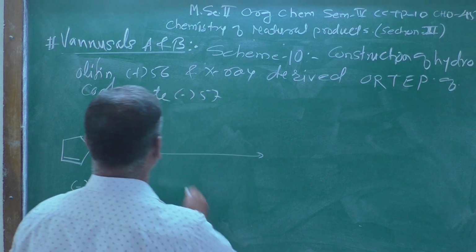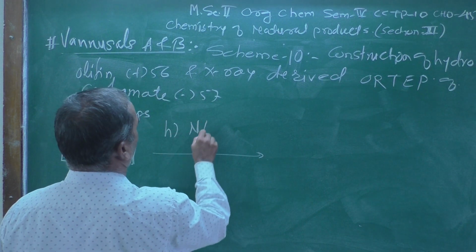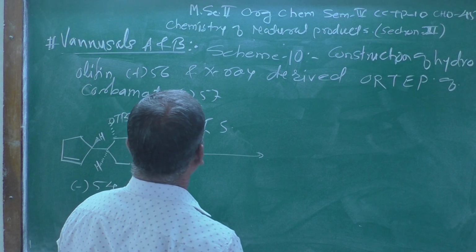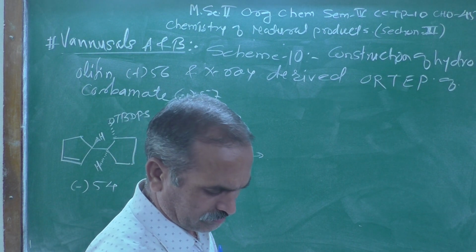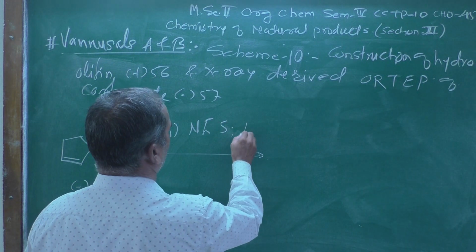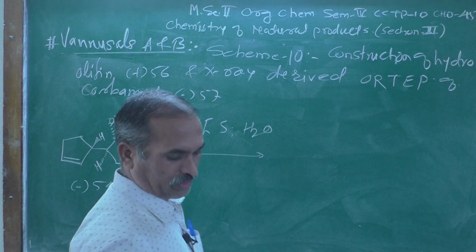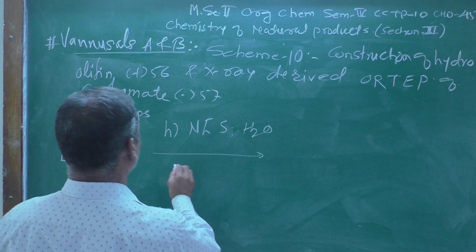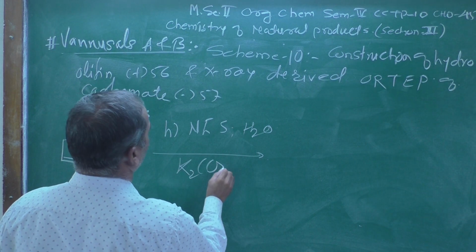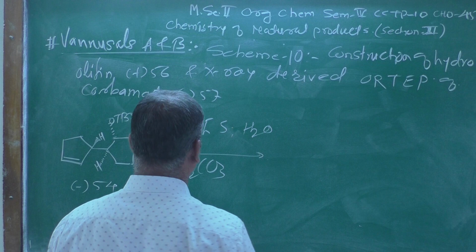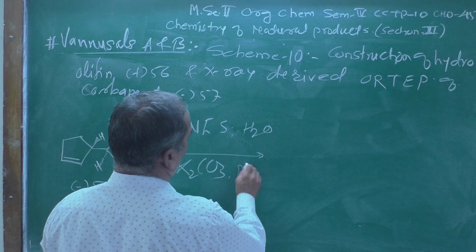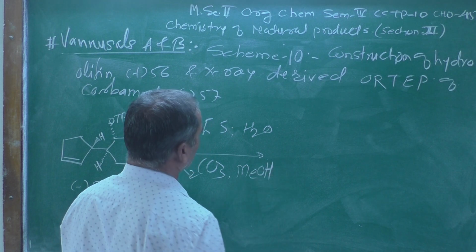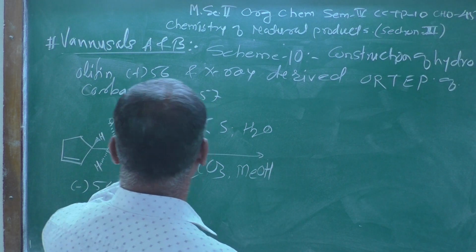The reagent is H, NIS, N-iodosuccinimide, followed by water, then K2CO3, potassium carbonate acting as a base, and methanol as a solvent.